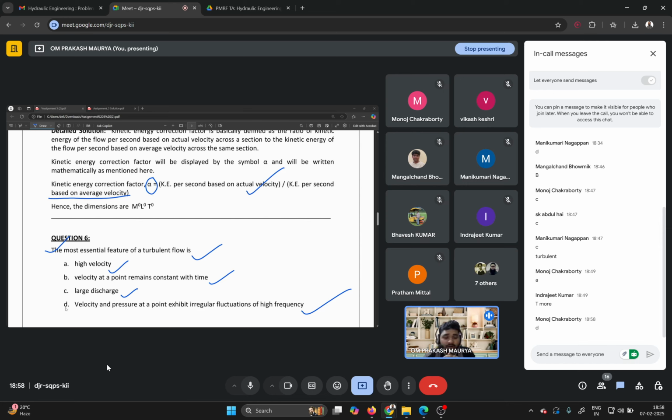For this question, Manoj is telling option D will be correct. Other students, please also try to participate, because I am seeing only a few students giving the answer. Okay, option D. Two students are telling option D. Another student also.